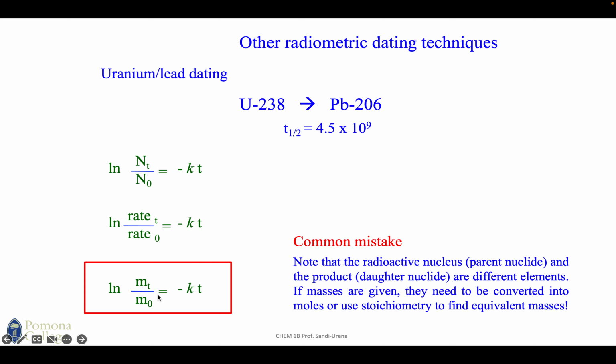Your dimensional analysis wouldn't work, and your result is going to be off. Okay, so make sure that you're using corresponding values. Mass, initial mass of uranium, final mass of uranium, for instance, and do dimensional analysis.